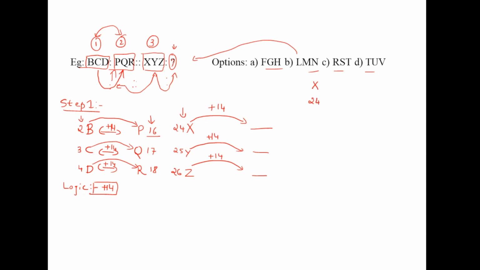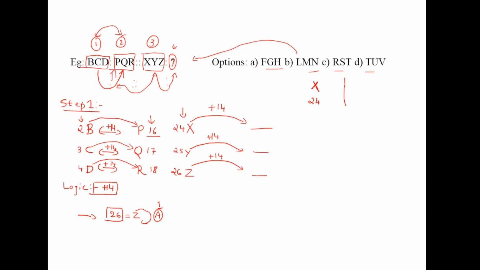In the forward direction, the 26th letter is Z. After Z it is a cyclic order. After Z, A comes, and its number is 1.